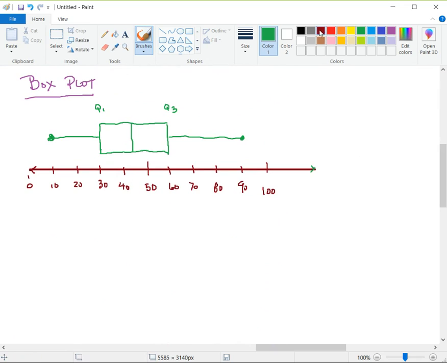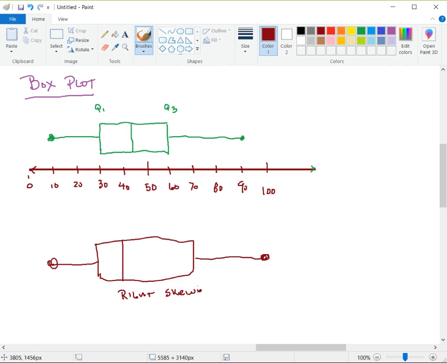Now, the other thing you can do with a box plot is if you look at a typical box plot, sometimes you can tell the direction that your data set is skewed. And the way to do that is to look where the median falls. For example, if the median falls closer to the left side, you have a right skewed data set.